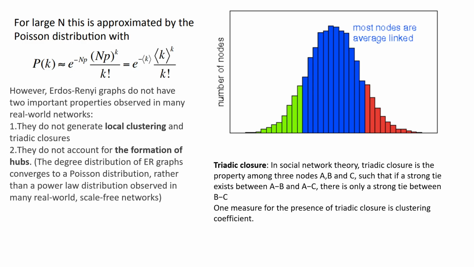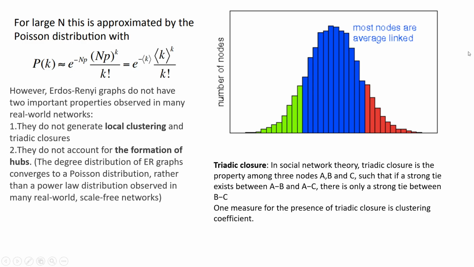So that triangle formation, the triadic closure that we talked about, is not present in randomized ER networks, and they also do not account for the formation of hubs. Basically, the degree distribution converges to a Poisson distribution rather than a real power law distribution.